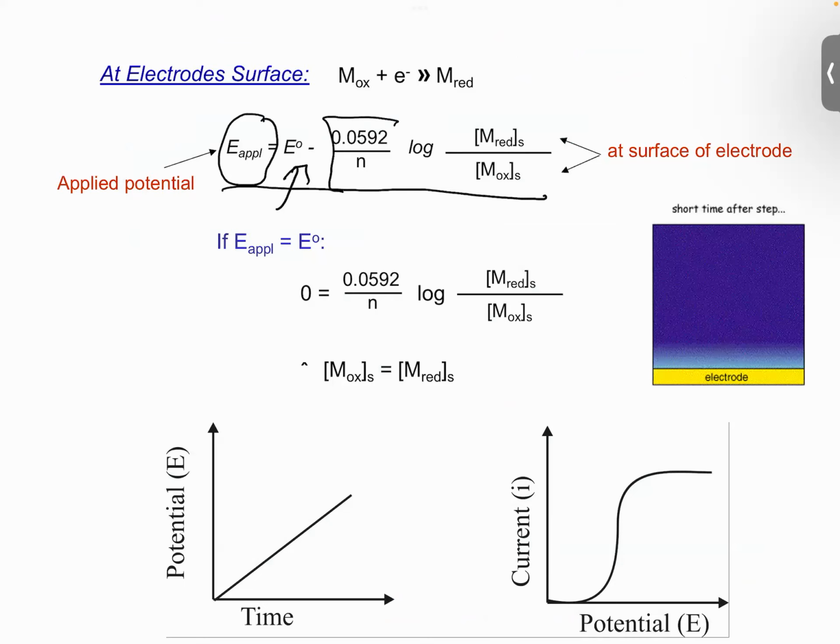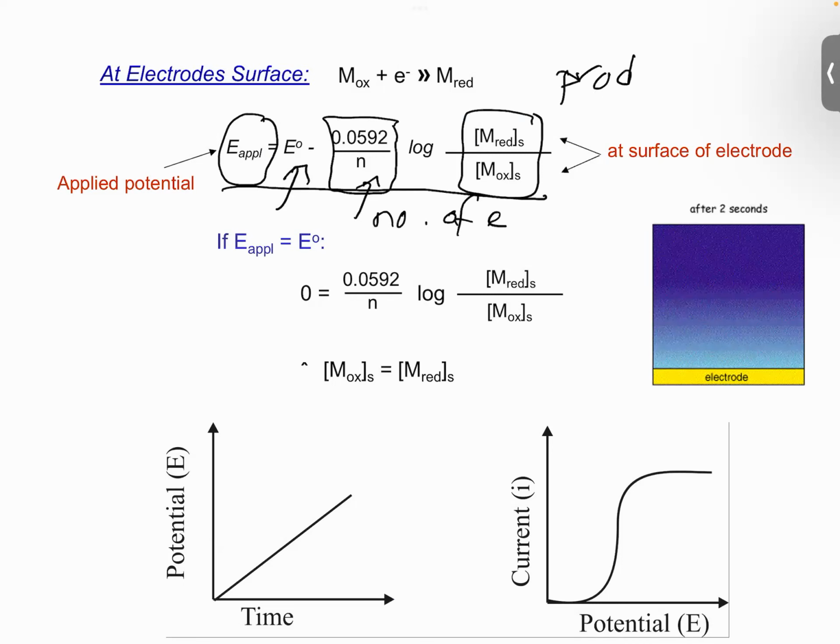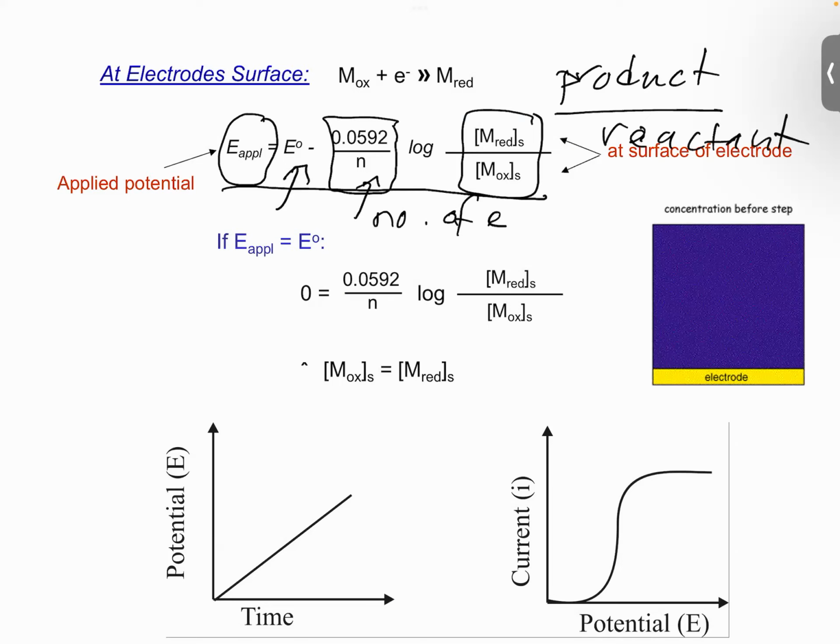There are ways to calculate this. n stands for the number of electrons. The easiest way to remember is concentration of product over reactant. But this is not for you to memorize, because you don't need to do any calculation for this subject, but for you to understand.